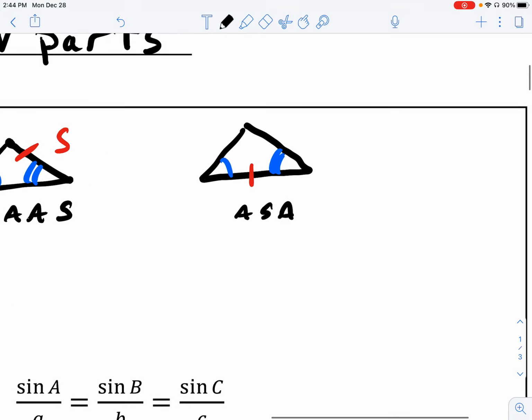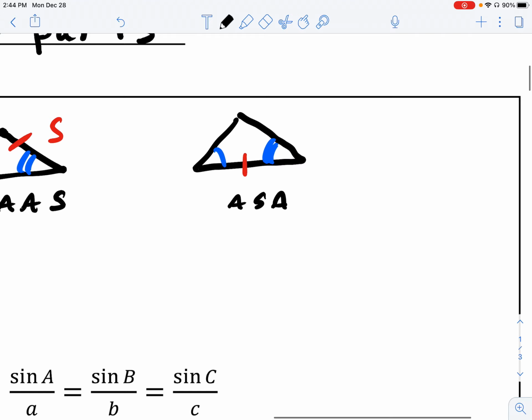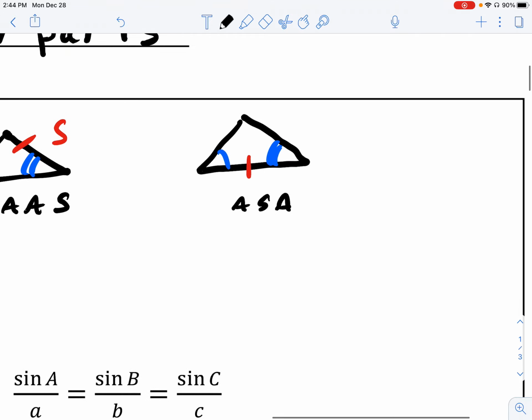We call this an included side. The reason we call it an included side is because this is the side that is included in forming those angles. This side is included in both of those angles.